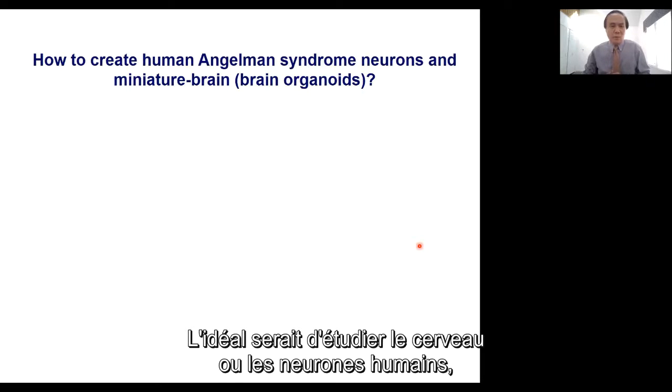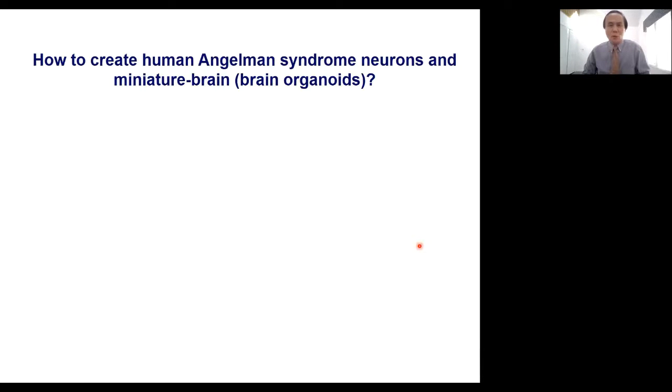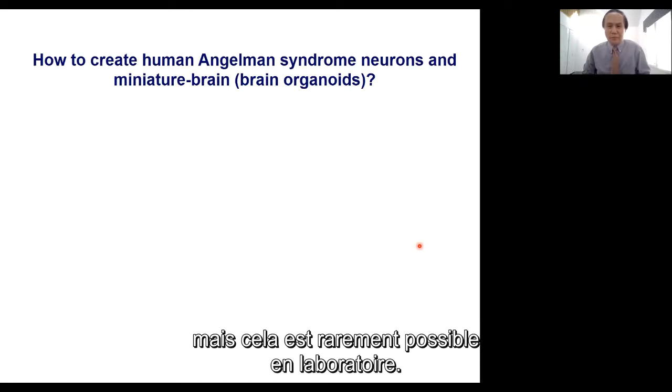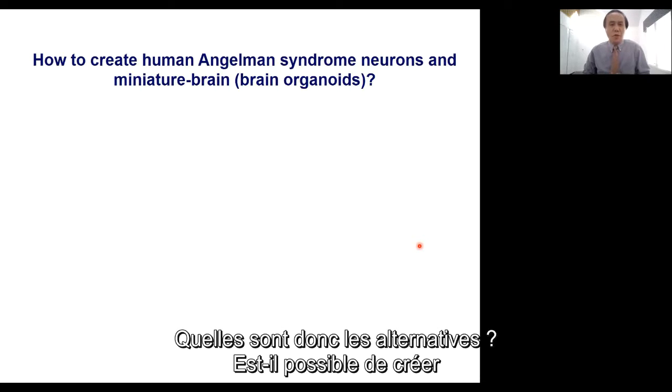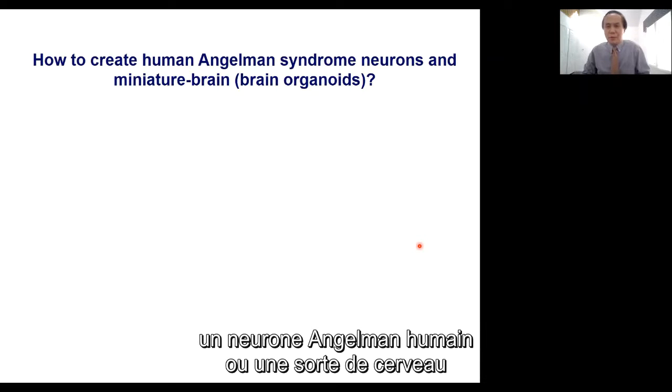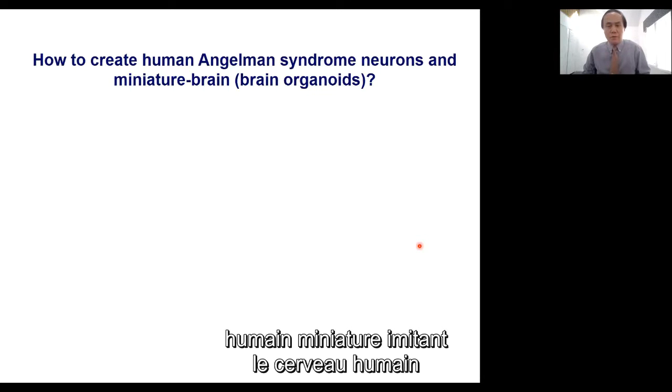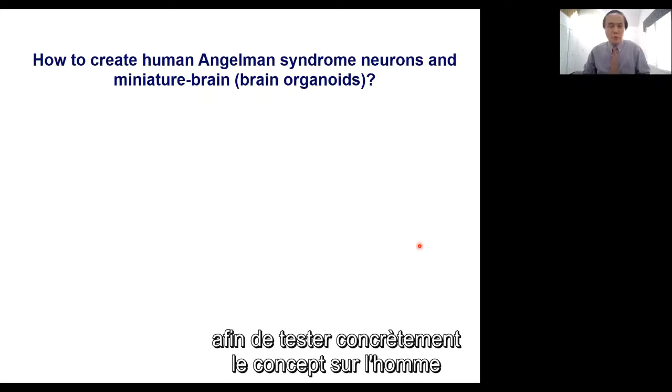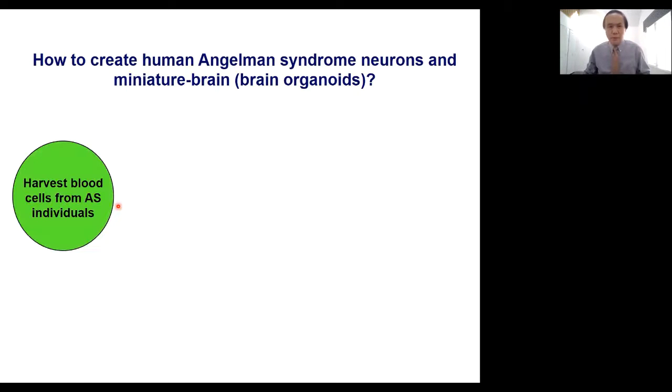Ideally you want to study the human brain or human neurons, which often is not feasible in the laboratory. So what is the alternative? Is there any possibility we can create a human Angelman neuron or a miniature brain mimicking the human brain, so you can really test the idea in neurons derived from humans?